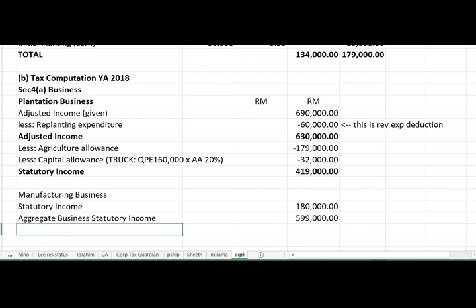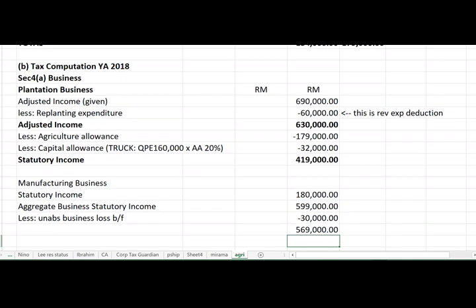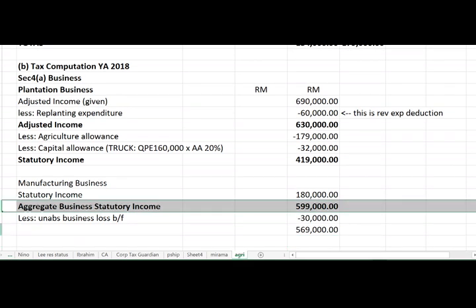And you can see the second last paragraph, they did mention about the unabsorbed business loss brought forward, right? And that loss is 30,000. So the net figure will be 569.